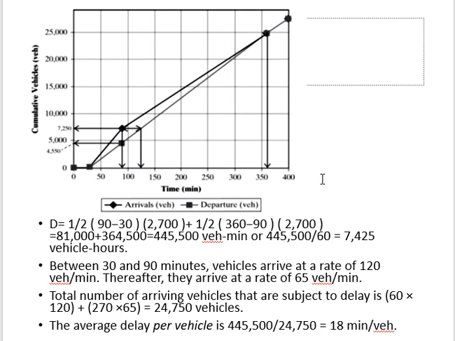Divide by number of vehicles. Number of vehicles who were where? In the queue. Number of vehicles who were in the queue. Okay.